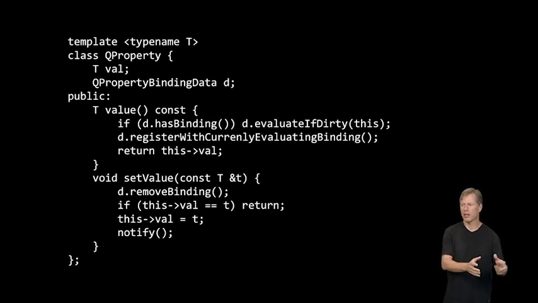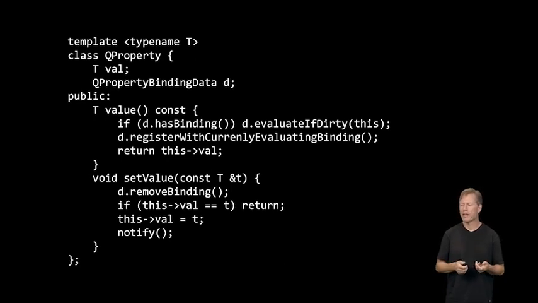If you have a binding, well, we'll reevaluate the binding if it's dirty. Second thing we need to do is we actually need to register with a currently evaluating binding. So if the value is being asked for inside a binding expression, we want to know that this binding expression actually requires this value, so we can mark that binding dirty if this value is changing.